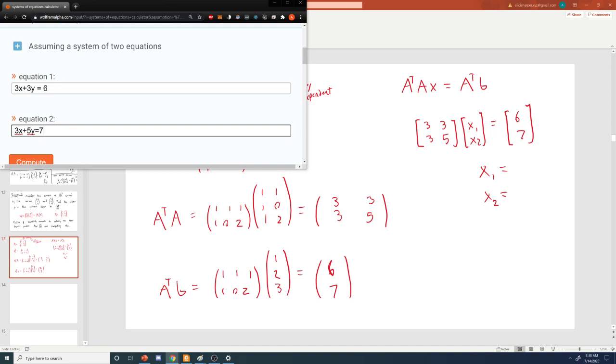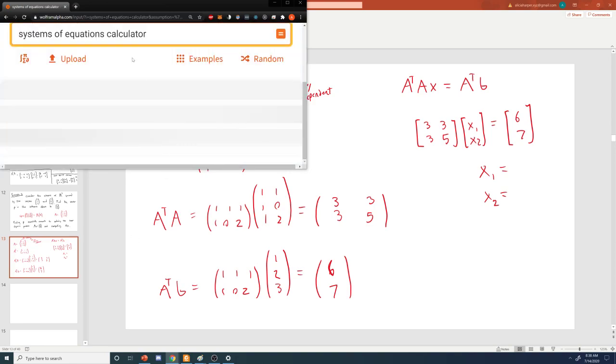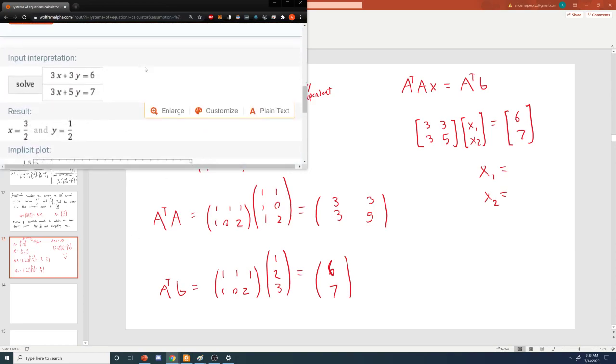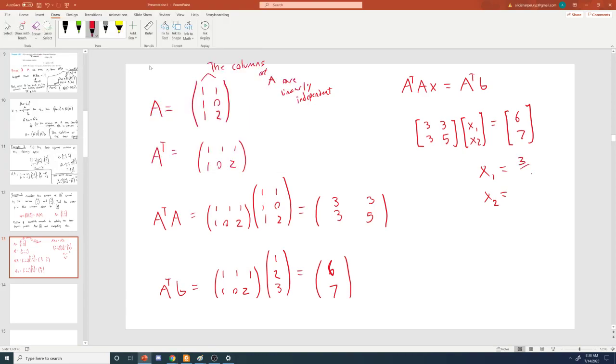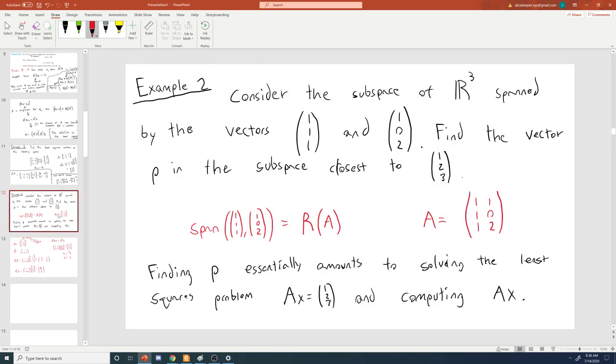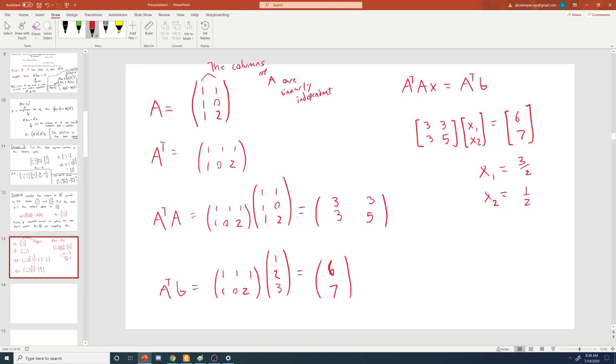And if we solve this, we get x1 is 3 over 2 and x2 is 1/2. So what we've accomplished is we've solved the system, but we still need to find the vector p.